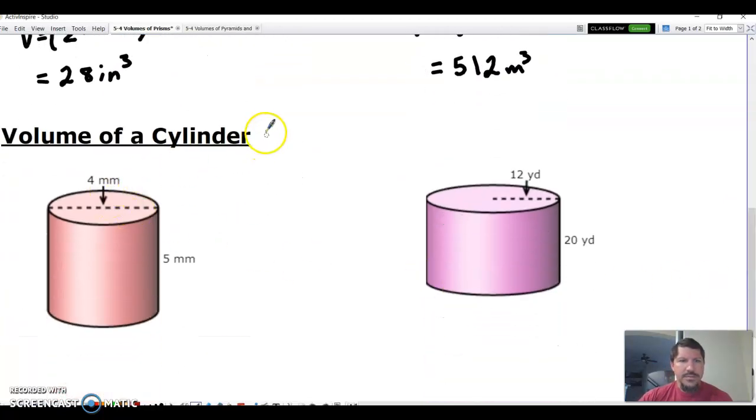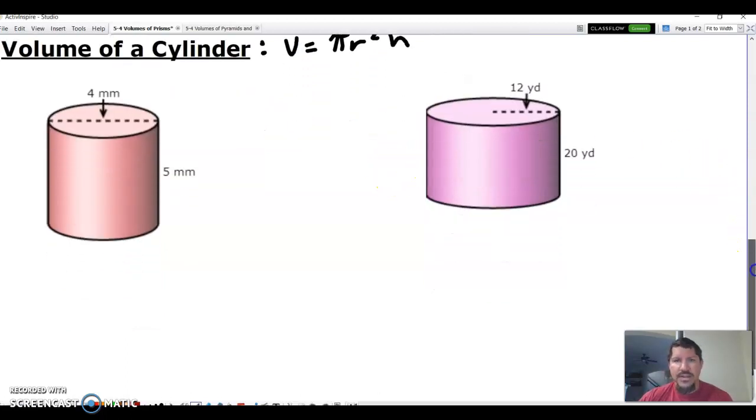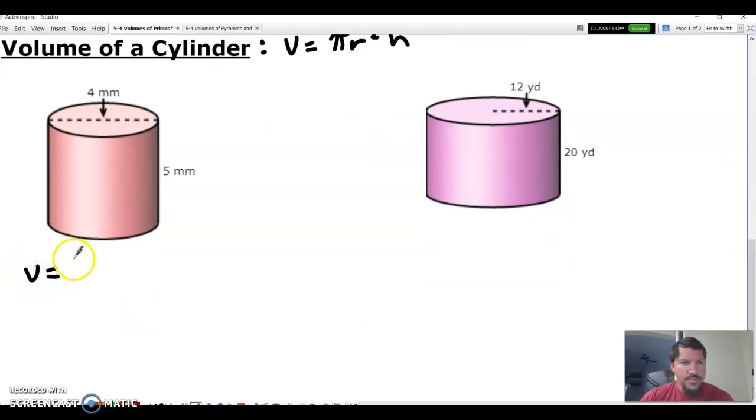Oh, I didn't leave much space right there. That's right. Volume of a cylinder. So volume of a cylinder is pi r squared h. Pretty simple. So remember, pi, IXL is using 3.14. So volume is 3.14 times, in this case, this is my diameter, which means my radius is 2.